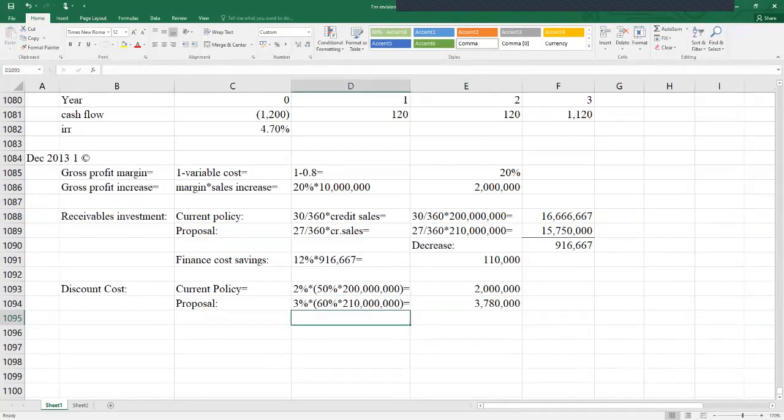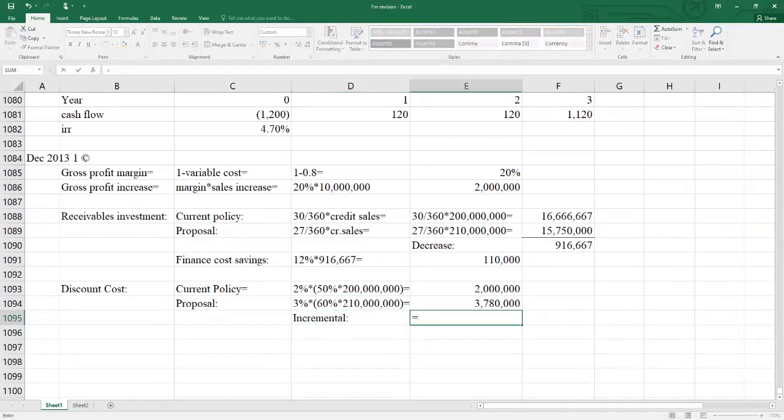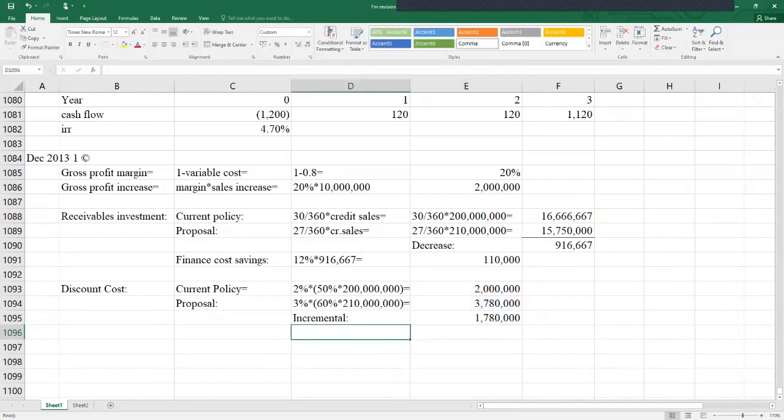Therefore the incremental discount, whatever you can call it, is equal to the difference between the discount before and the discount after. So that gives us 1.78 million. There's an extra cost to be incurred if you implement this proposal, equal to 1.78 million.